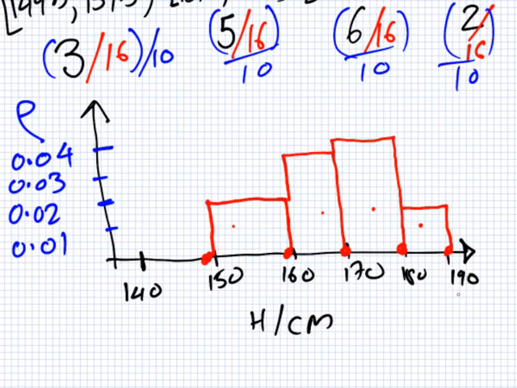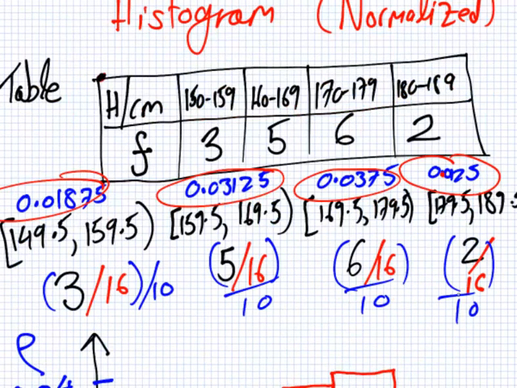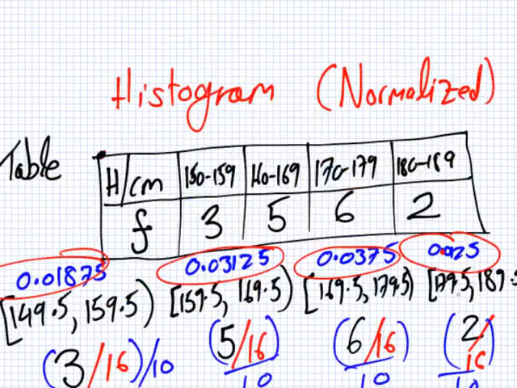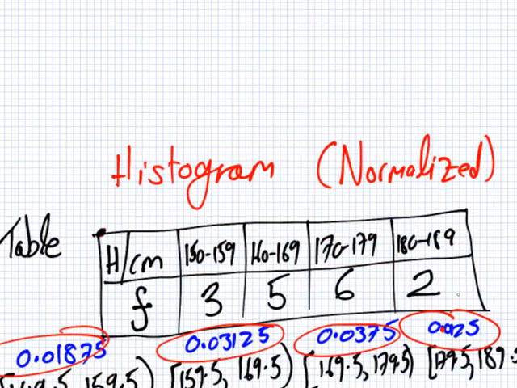Now, if you go back to your table, forget about the histogram. How much of the data is between 155 and 165? Look at the table. Do you have that?